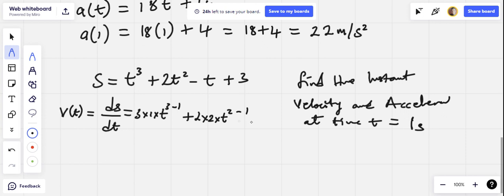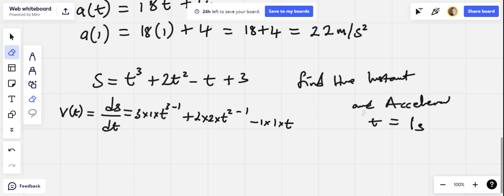So here will be minus 1 times 1 times t raised to the power of 1 minus 1. And as you remember, if you differentiate a constant, it gives you 0.